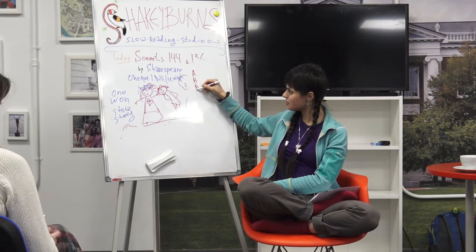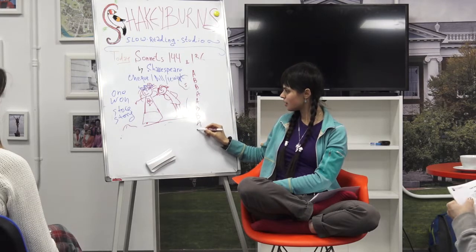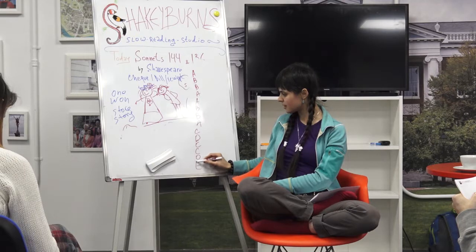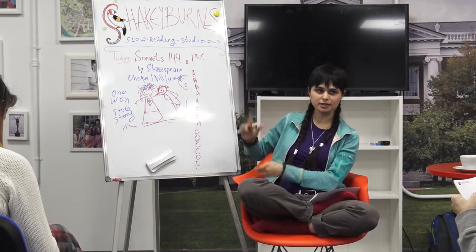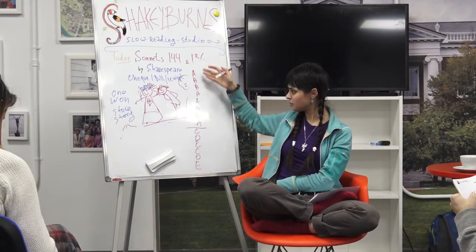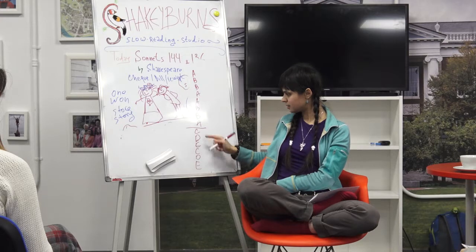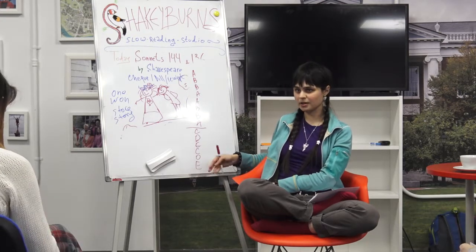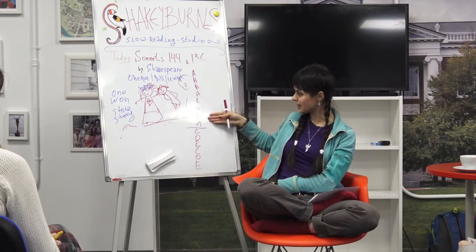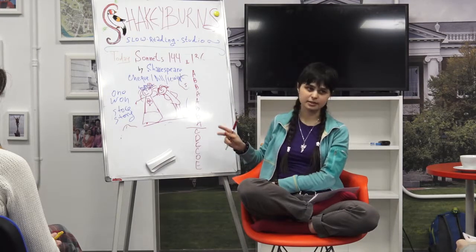B, B, A, B, B, A, C, D, E, C, D, E. That's the original classical sonnet. It has two parts. One is A and B, and another is C, D, E, which is like the conclusion. We have some problem or story here, and the conclusion here in the classical sonnet.